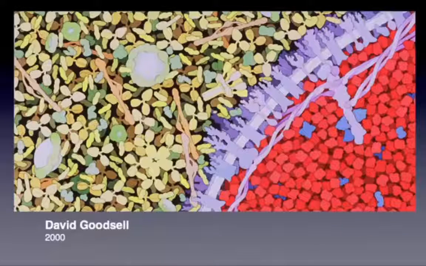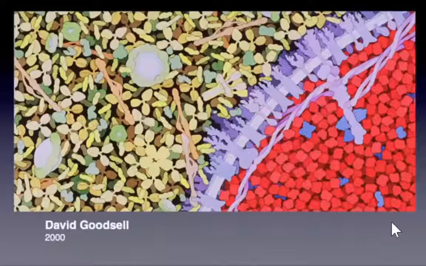And if you look at the cell again, this is a cell membrane, this is the outside of the cell, and this is the inside of the cell. This picture was drawn by the scientist David Goodsell, and it represents a quite important point. Usually we think the cell is just one bag, and inside the cell it's just liquid, the so-called cytoplasm, and the organelles just hang around here.